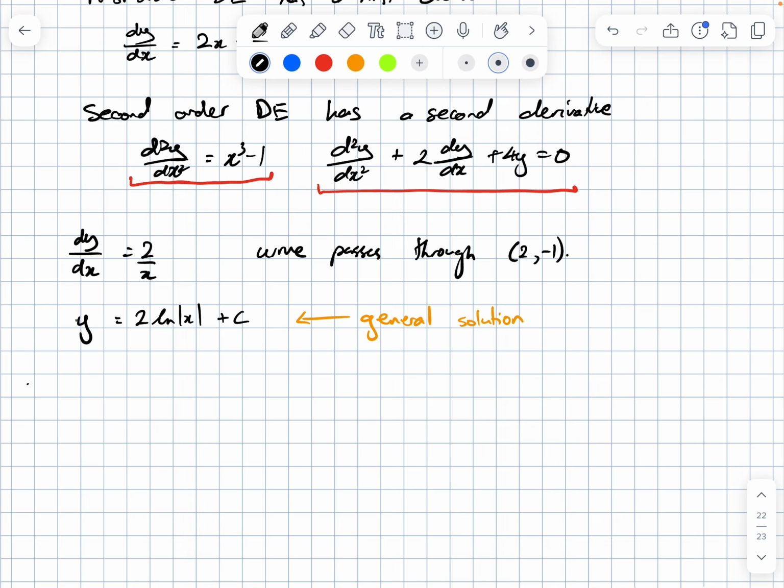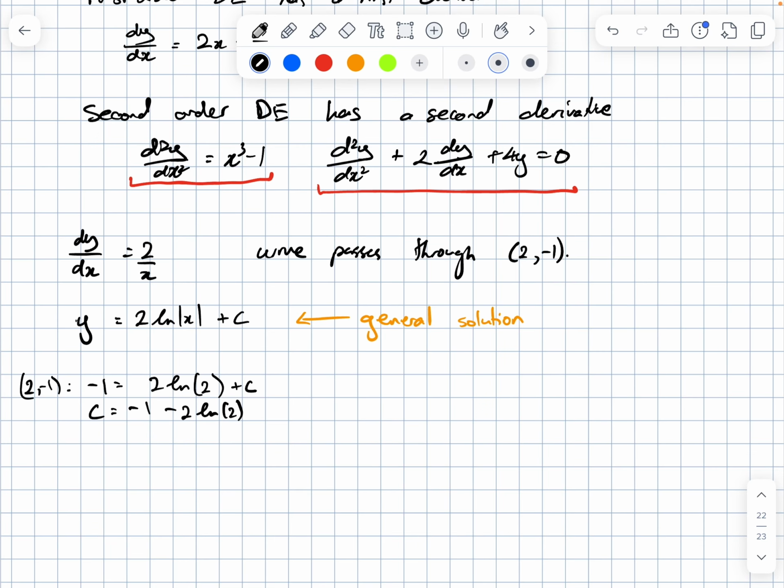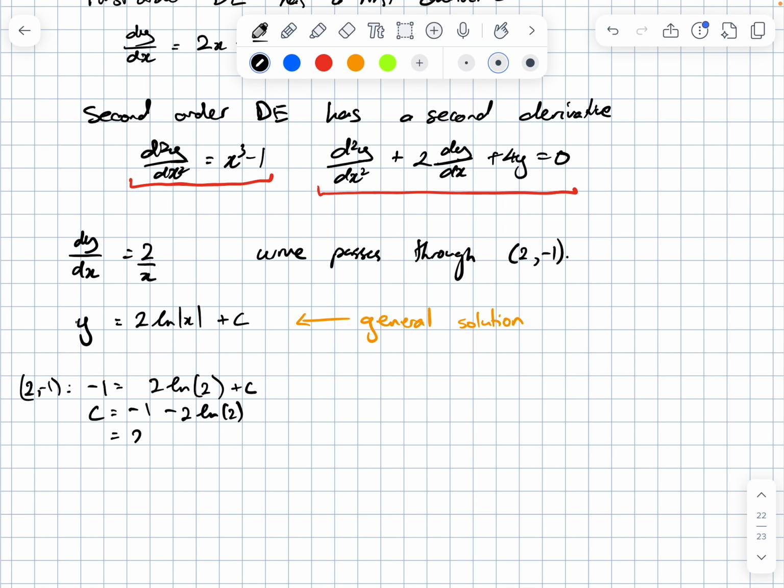So subbing in 2, negative 1, you get negative 1 equals 2 ln 2 plus c, which means c equals negative 1 minus 2 ln 2. You don't need the absolute value bars for ln anymore because 2 is a positive number. That gives you approximately negative 2.386.